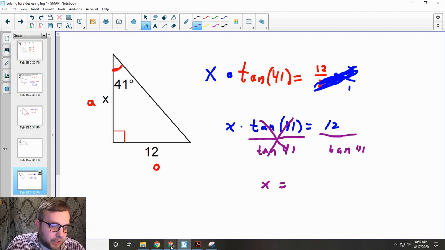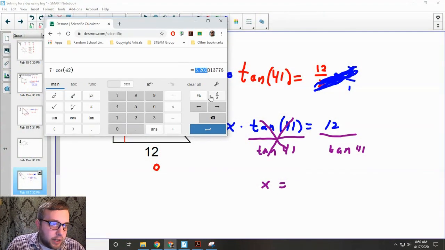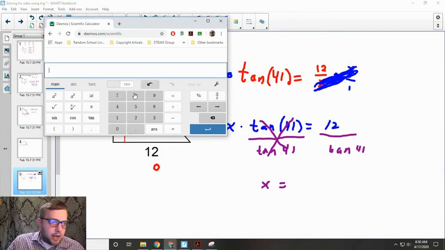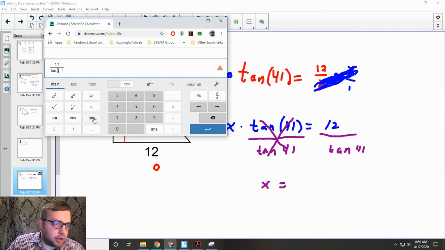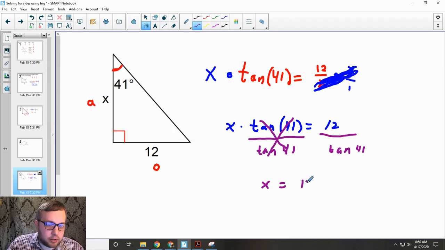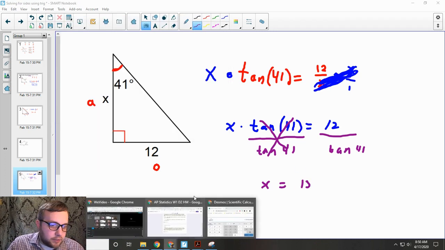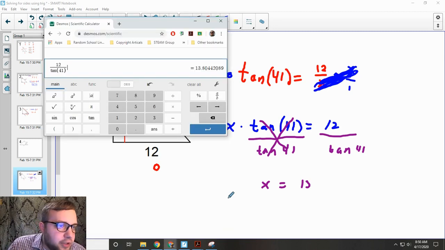All right, so I'm going to pull out my calculator again. I'm going to clear all, and I want 12 divided by the tan of 41, and I'm going to put that parenthesis. It doesn't really matter, and the answer is 13.804.